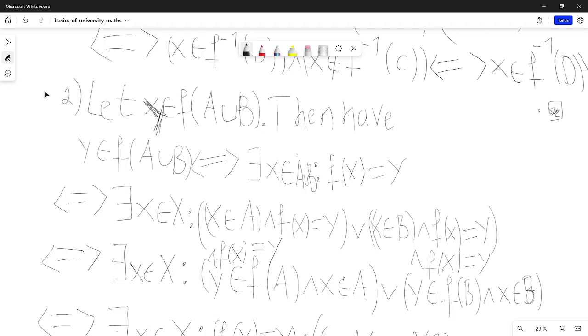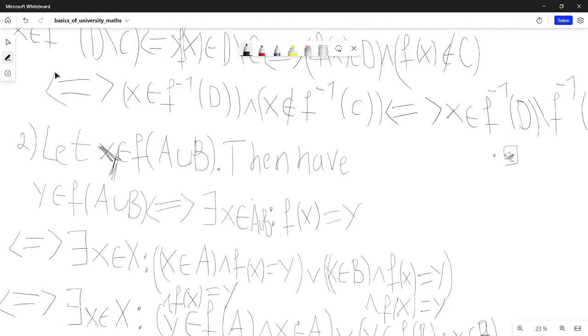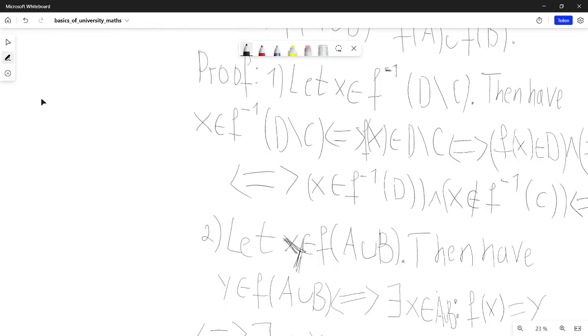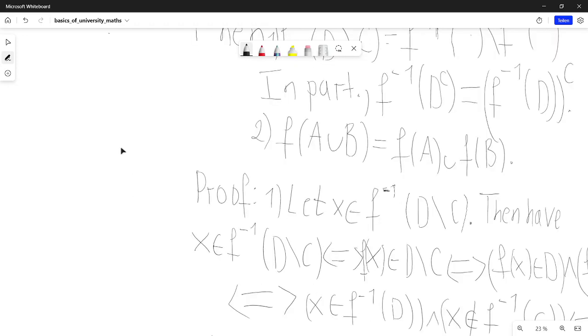So that's one direction, and another direction is quite similar. So it is in here or in here. So f of x is equal y for some x.